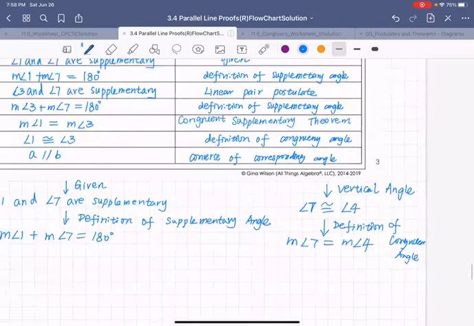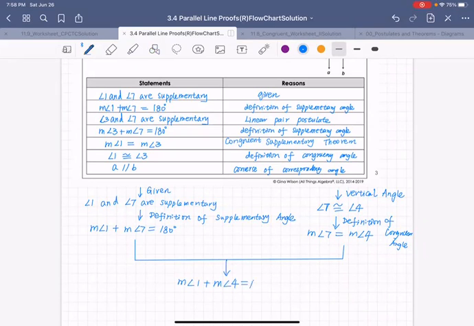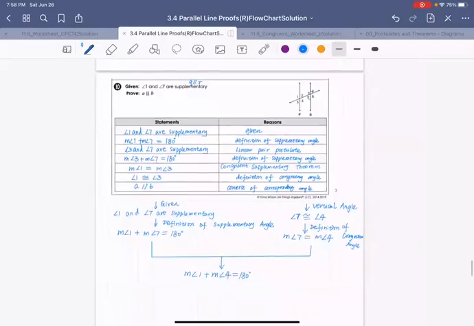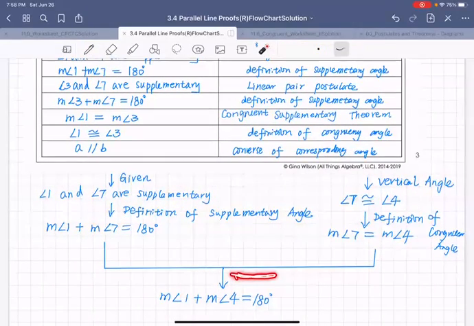All right. Now, let's do something over here. Since they're equal, angle 1 and angle 4 are... Let's first do 180 here. Plus equals 180. What do we say here?